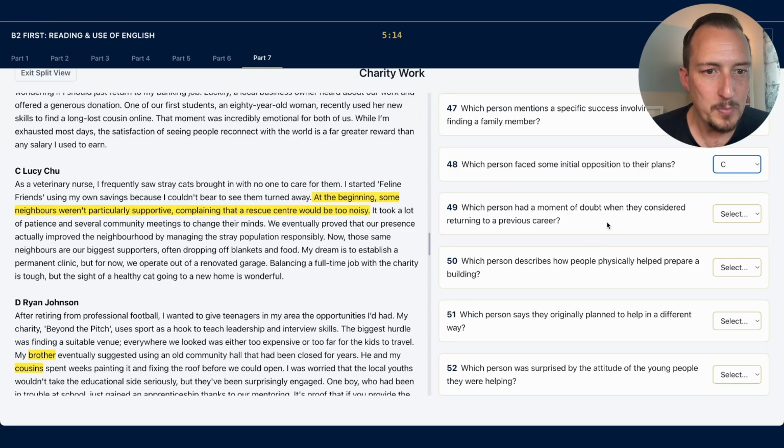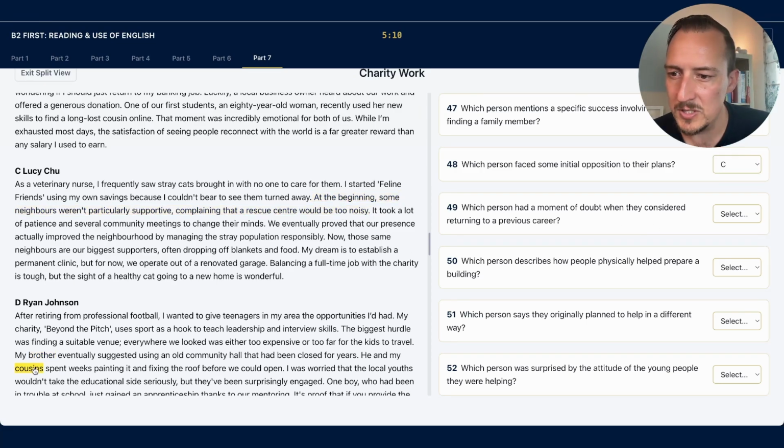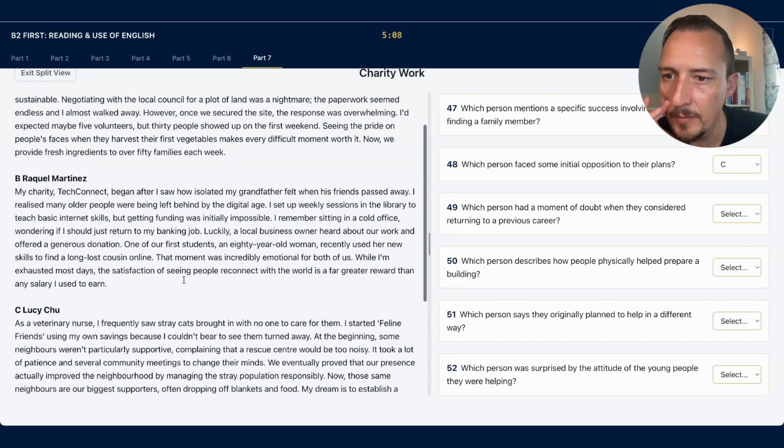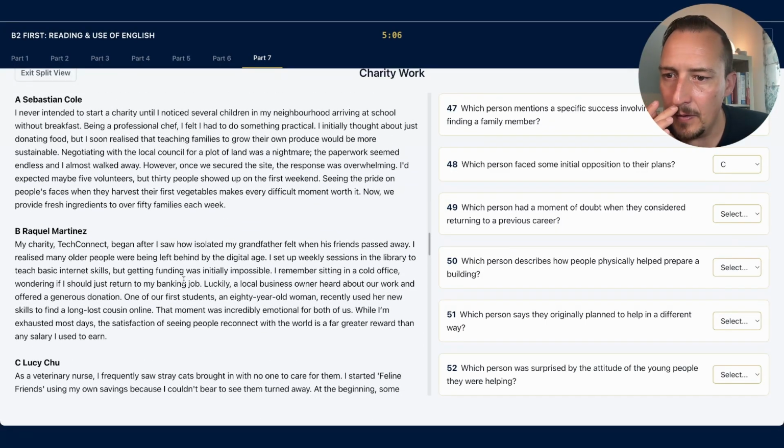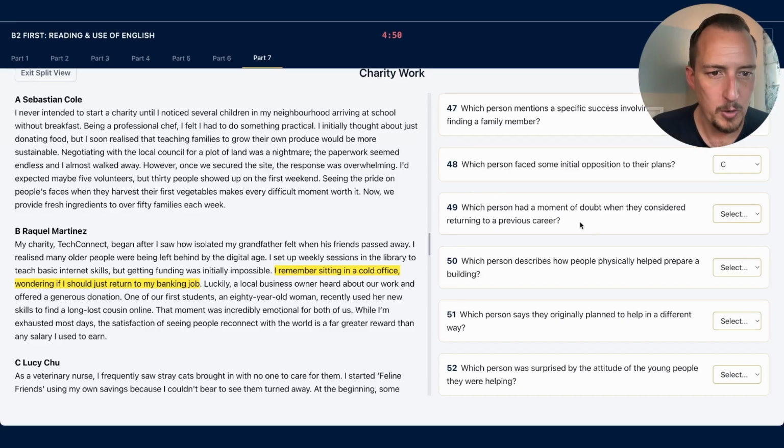Which person had a moment of doubt when they considered returning to their previous career? There was someone talking about banking, I remember. Banking, there it is. Perfect. I remember sitting in the cold office wondering if I should return to my banking job. So that's returning to a previous career.